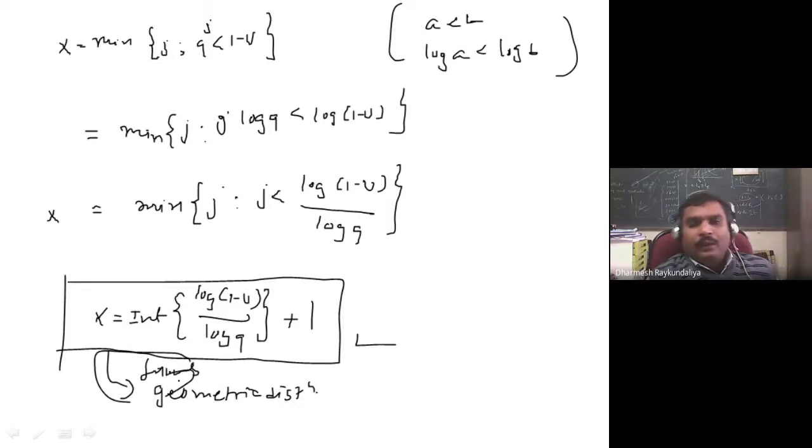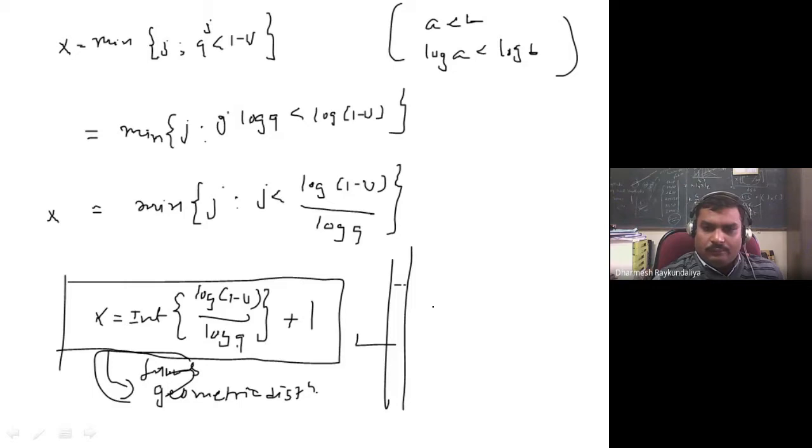Okay. So what you need in a geometric distribution is the probability of failure. If you get the probability of failure, generate a uniform random number, use this expression, and it will help you generate random numbers from a geometric distribution. Any questions? And you can also write this as this. Why?